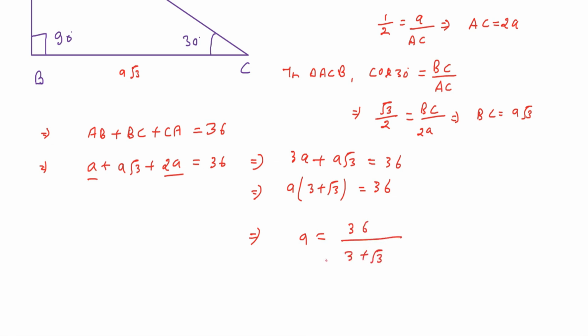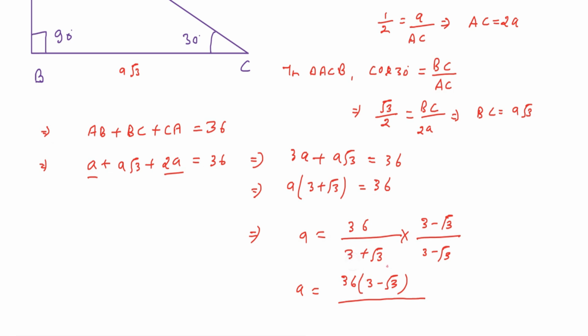So if we multiply the right hand side by 3 minus square root of 3 in numerator and denominator both, the value of a becomes 36 times 3 minus square root of 3 divided by, so here if we consider 3 as A and square root of 3 as B, it is looking like A plus B and A minus B, and here this A is different from the particular a. So here we are trying to use the identity that A plus B times A minus B is equal to A square minus B square.